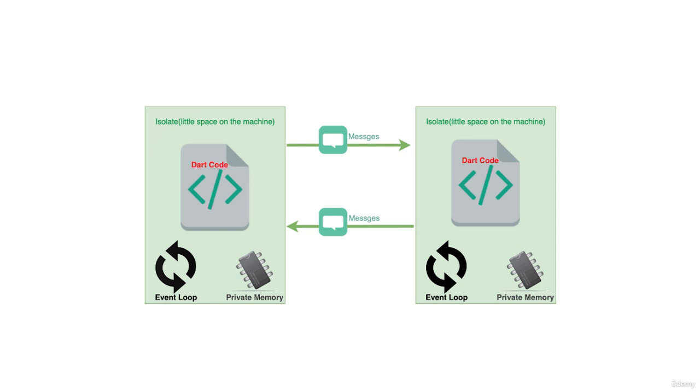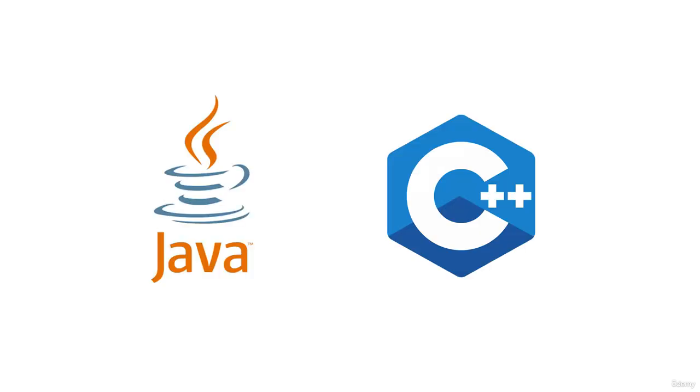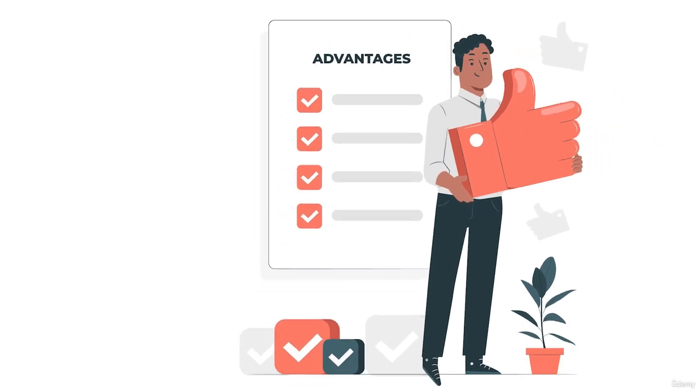One isolate will send a message to the other, and that receiving isolate processes the message using its event loop. This lack of shared memory may sound kind of strict, especially if you're coming from a language like Java or C++, but it has some key benefits for Dart coders.